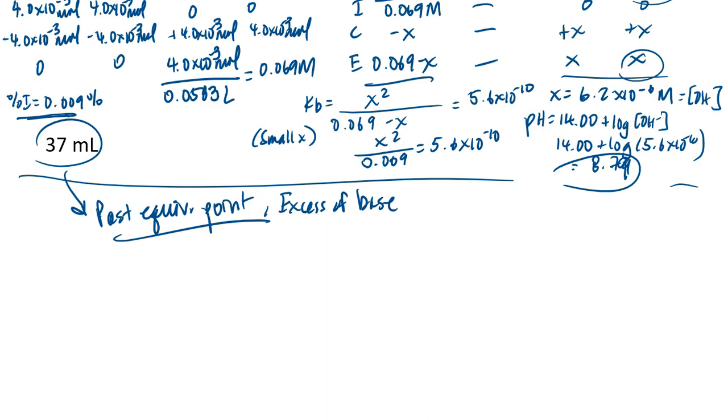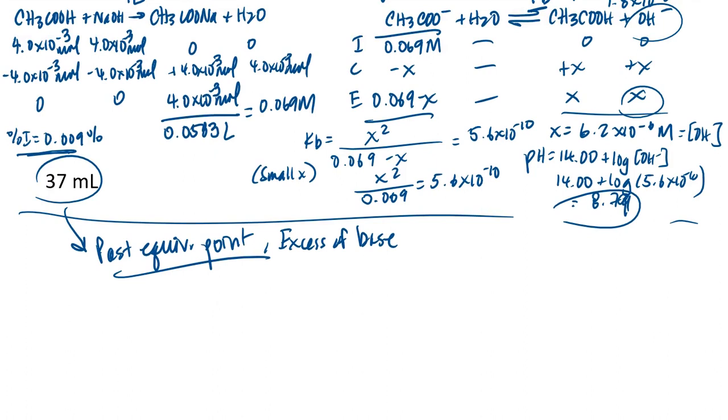And so, as we've been doing in all of the previous parts of this problem, we're going to have to calculate the number of moles of base added and compare that to the initial number of moles of the acetic acid. And so if I go ahead and place my reaction equation in this section of the workspace, and if I go ahead and enter the initial number of moles of the acetic acid, all I need is to calculate the number of moles of the sodium hydroxide added.